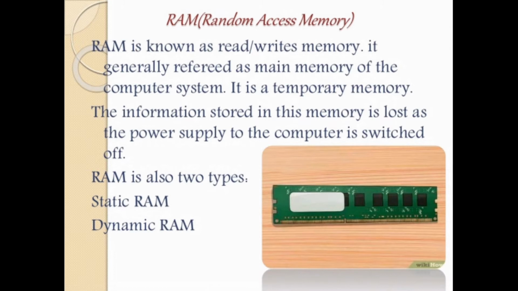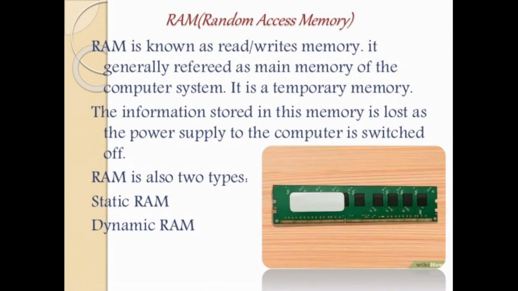The number and size of programs that can run in a computer depend on the amount of RAM available in the computer. Here also there are two types of RAM, that is static RAM and dynamic RAM.